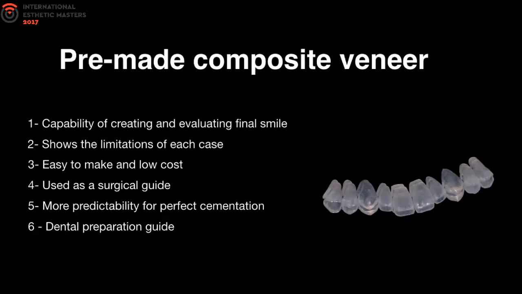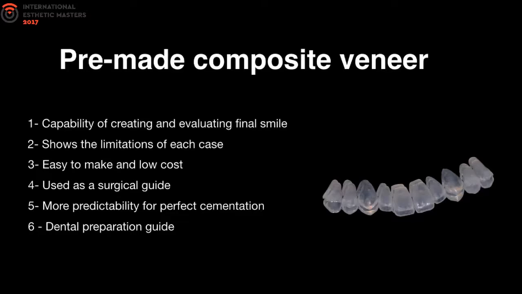The fourth, they can be used as a surgical guide because they show you the exact surgical line. You just follow the proper contour of the composite veneer to give you the proper amount of gum and bone that you will need to cut out.